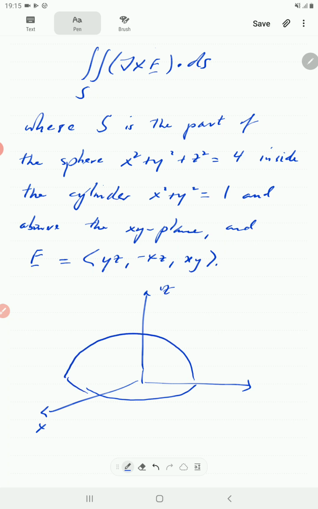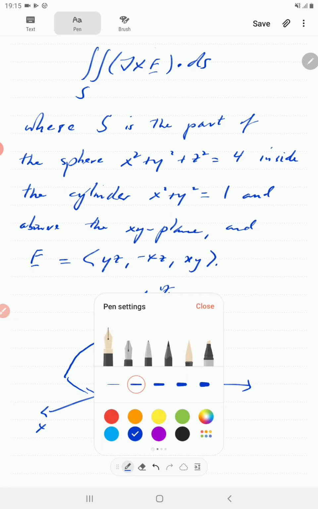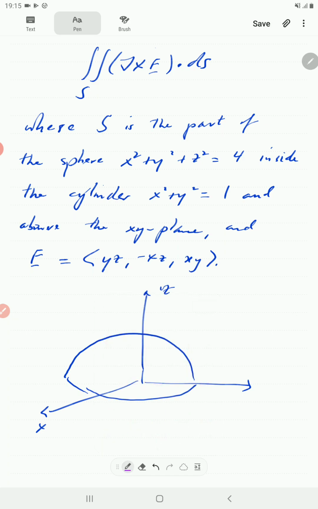Okay, so something like this. And then there is a cylinder of radius 1. So this is going to intersect with the sphere. So we're going to have a surface.